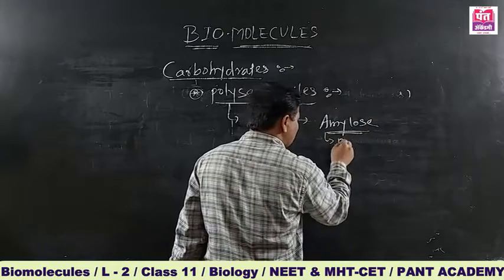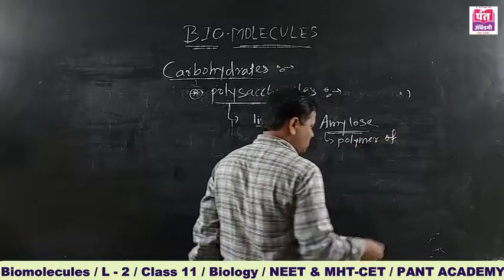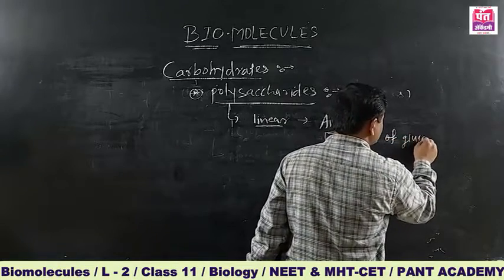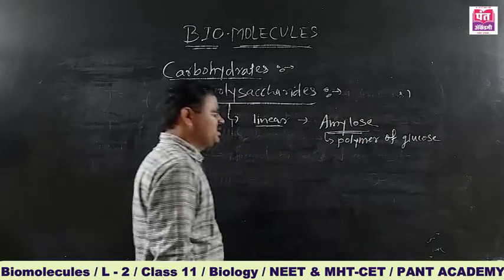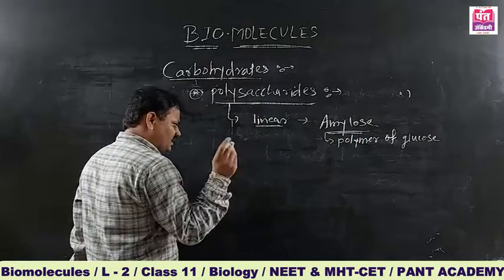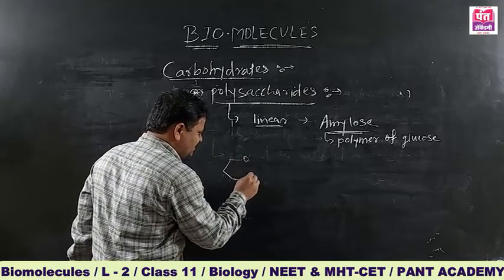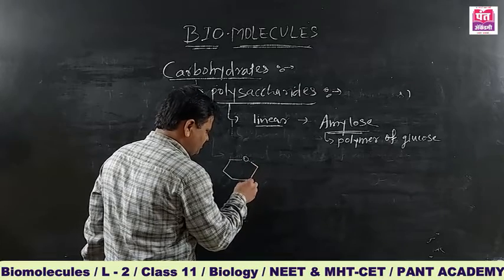Amylose is a polymer of glucose molecules. So we can draw a structure of this amylose in a linear fashion.